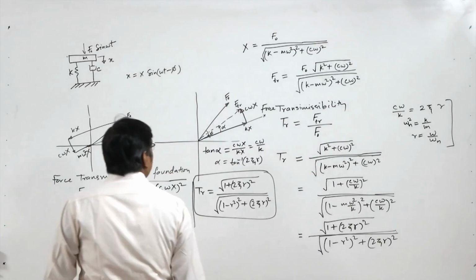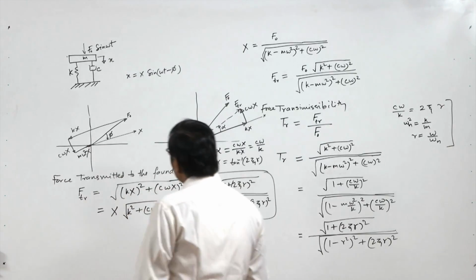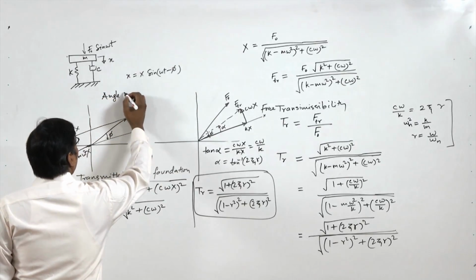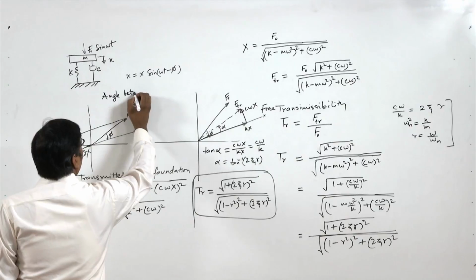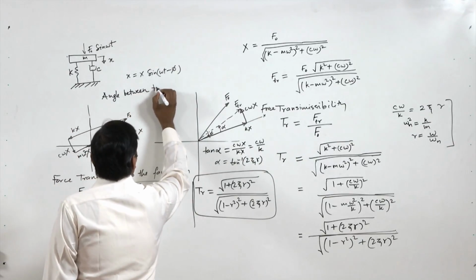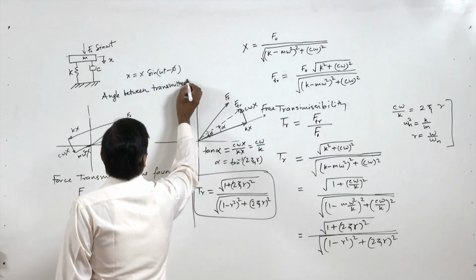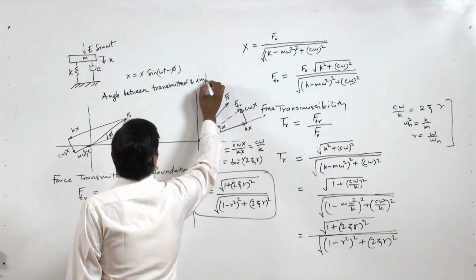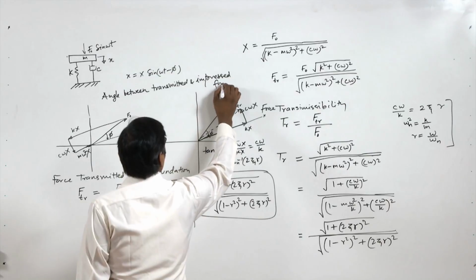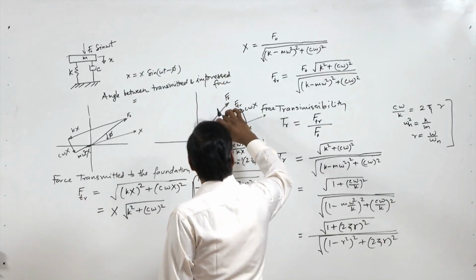So the angle between the transmitted force and the impressed force is equal to phi minus alpha.